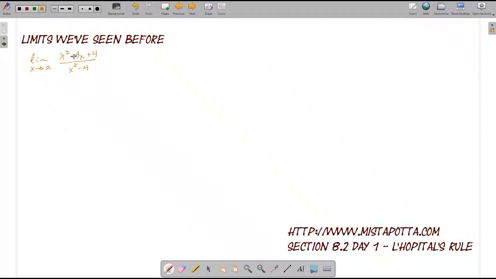So I've got an algebraic expression in the numerator and an algebraic expression in the denominator. And if I try and substitute, I'm going to see 0 divided by 0.